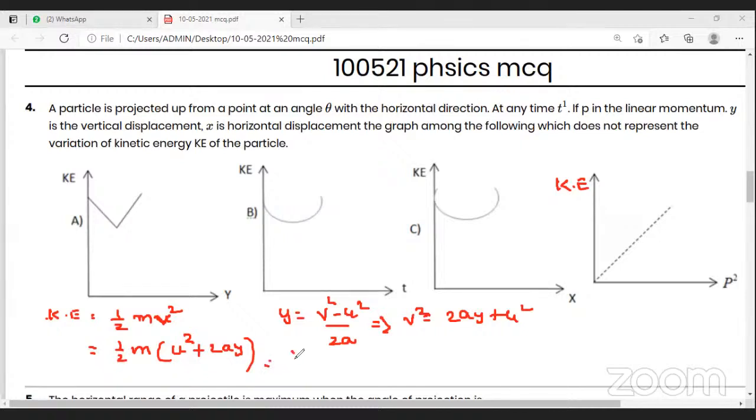Now this is equal to half m u square plus half m into 2ay. The 2 and 2 will get cancelled, giving m a y, and a means g, which is also constant here.